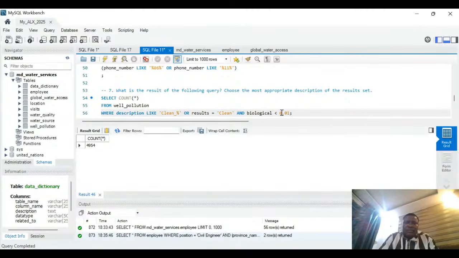Otherwise, the query is counting the number of rows in the well pollution table where description is like 'clean', the string clean at the start, and then biological is less than 0.01.